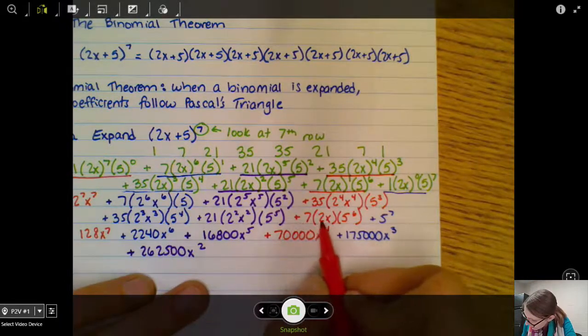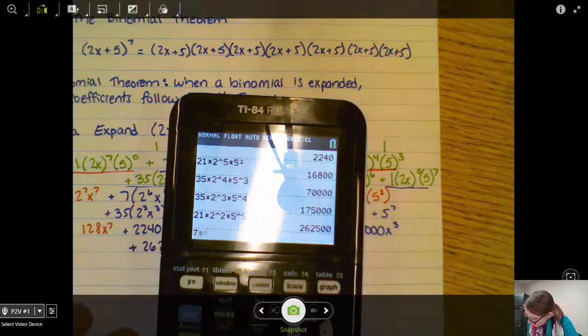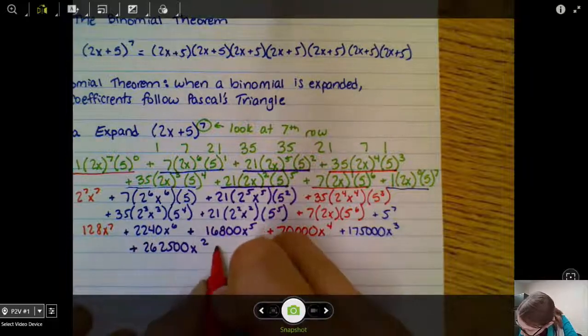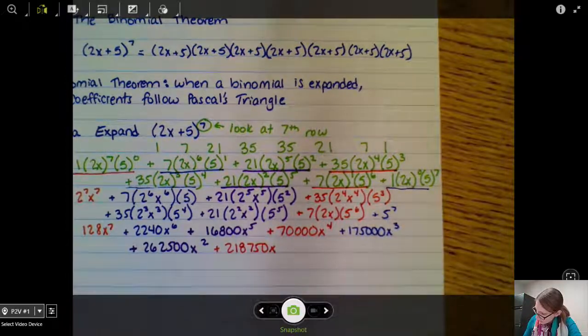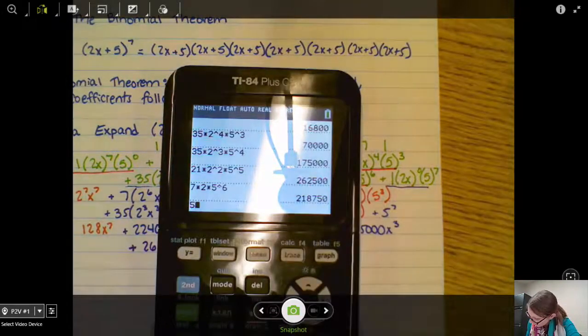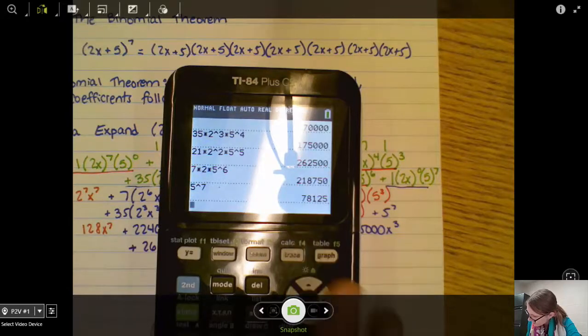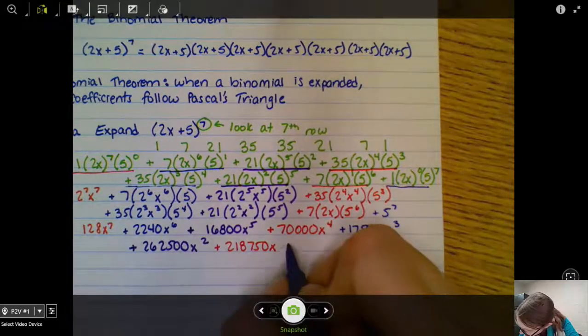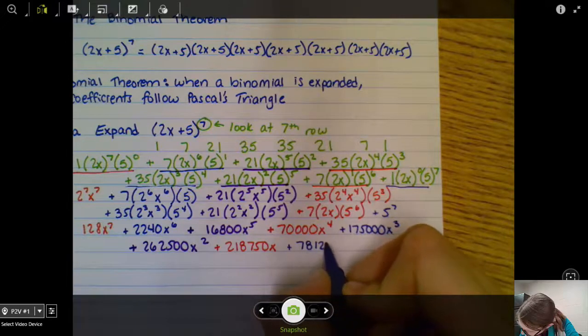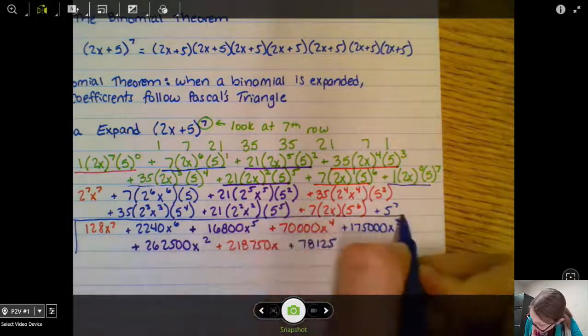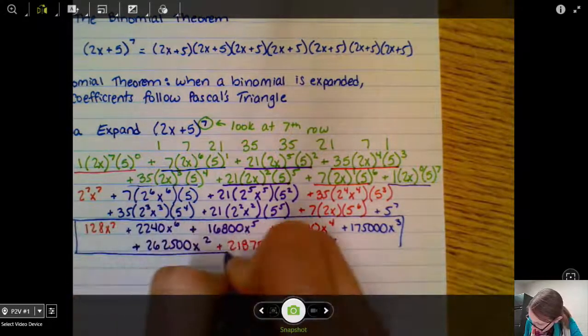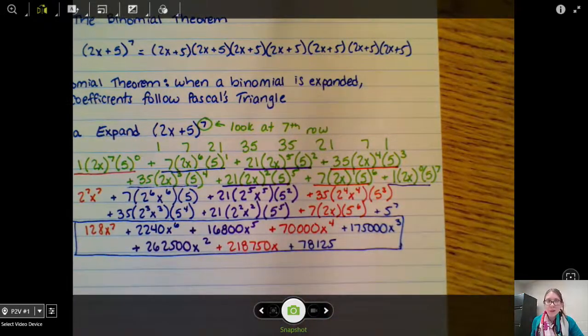Right here, 7 times 2 times 5 to the 6th is 218,750 x, and then plus 5 to the 7th is 78,125. So this is my final answer. And as you can see, this is still definitely a lot of work to expand our binomial, but it's a lot less work than if we had to FOIL all of those 7 terms at the beginning.